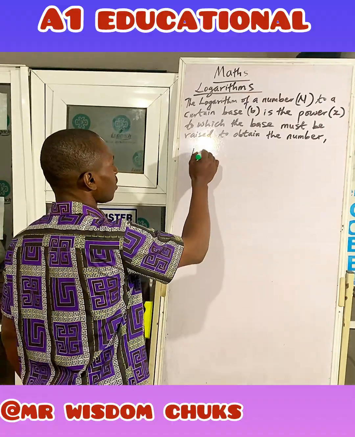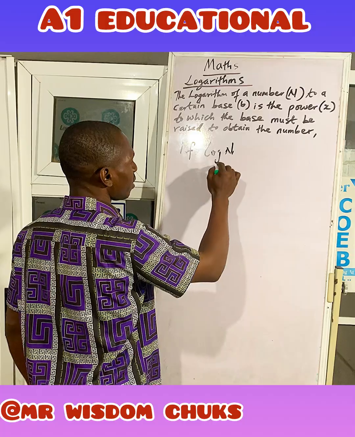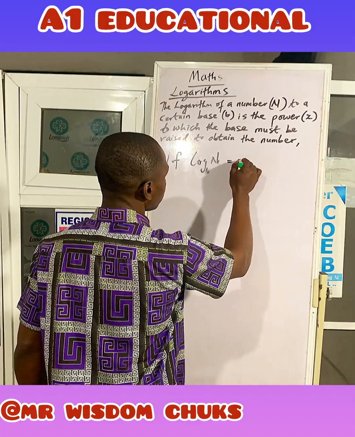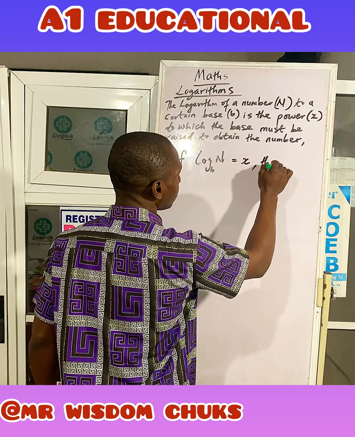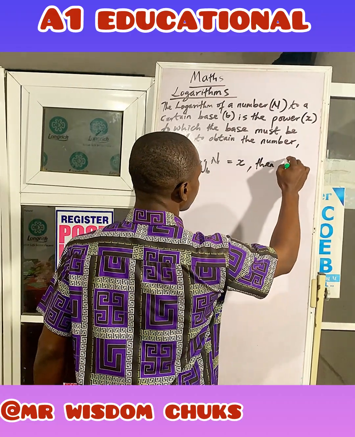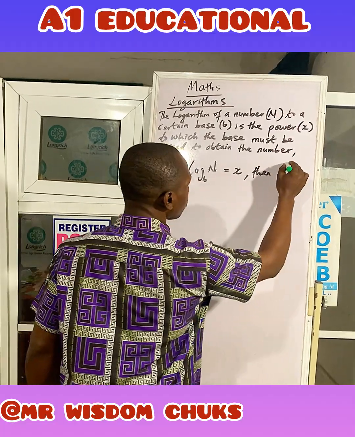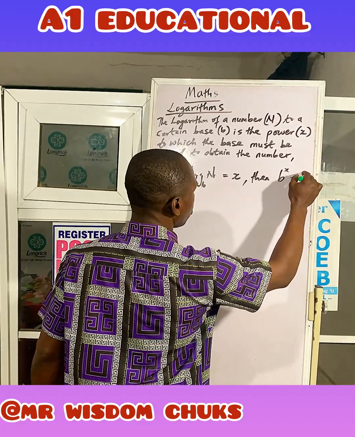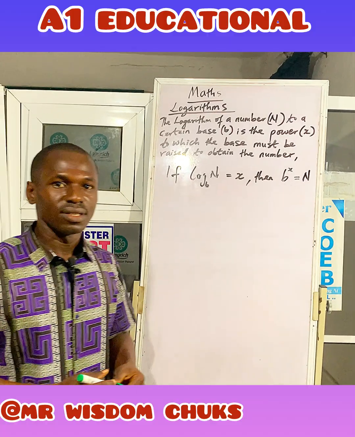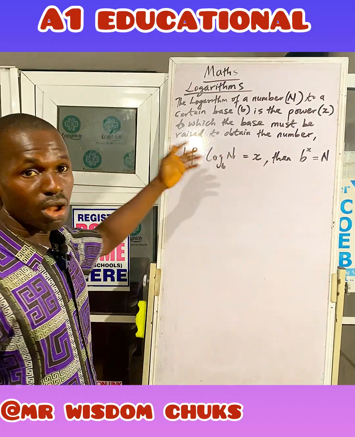So, if the logarithm of n to the base b equals x, then b, the base, raised to power x, equals n. So this is the definition of logarithm.